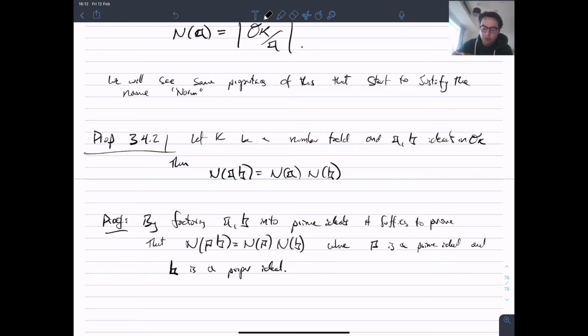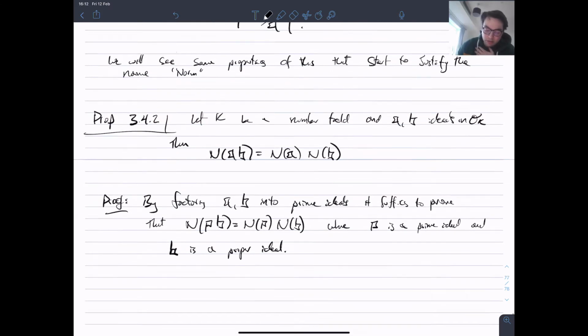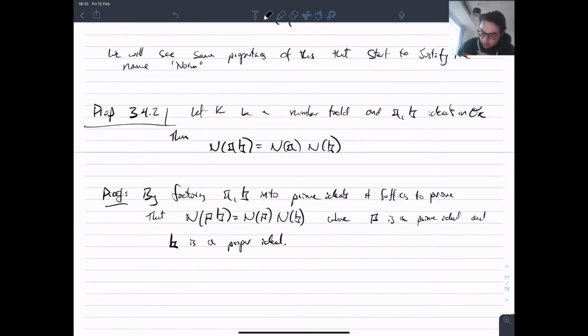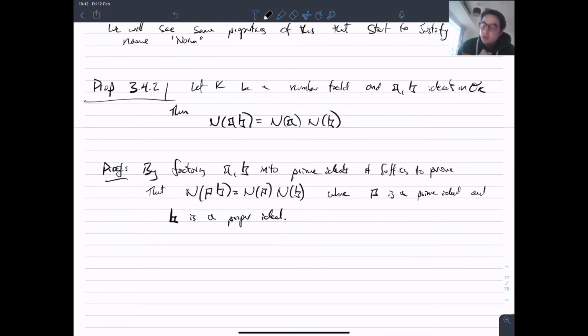If one of these ideals isn't proper, then their product is the whole ring, and then it's immediate, because the quotient of O_K by O_K has size 1, so there's nothing to check.